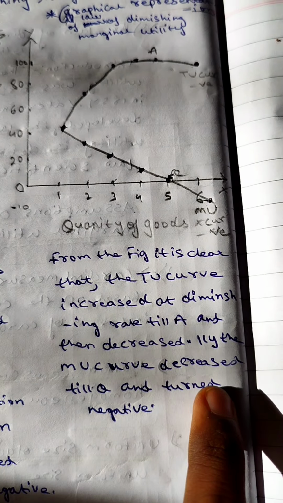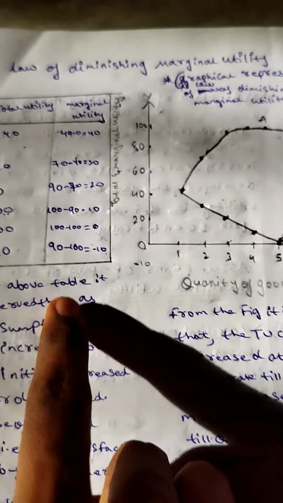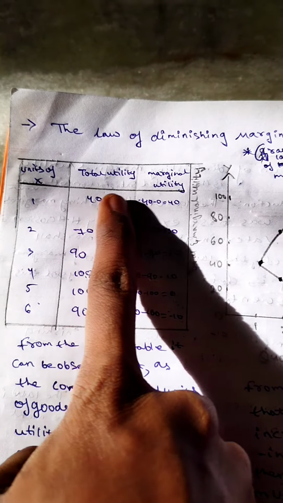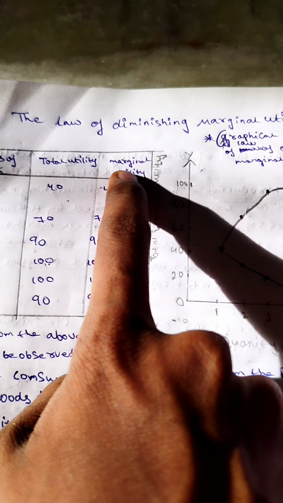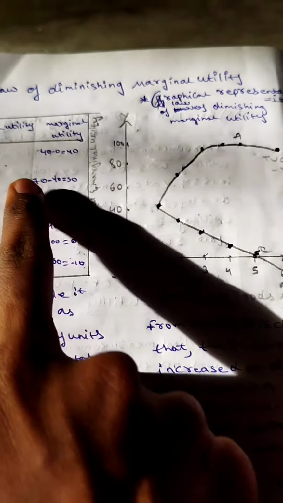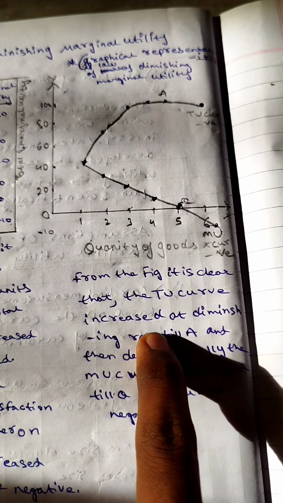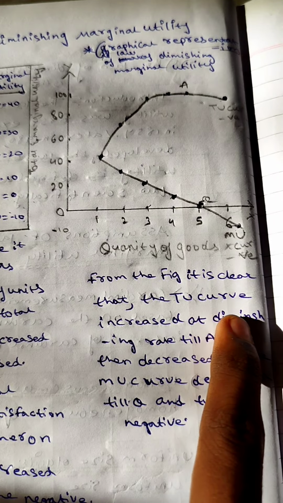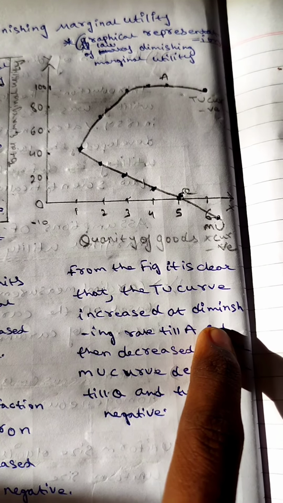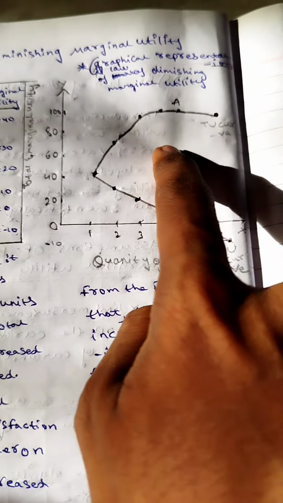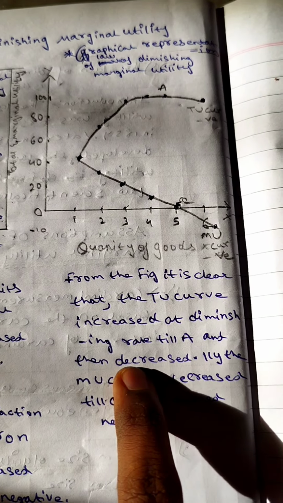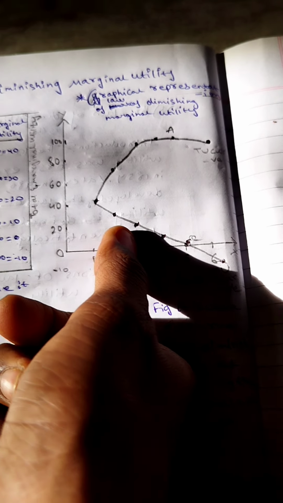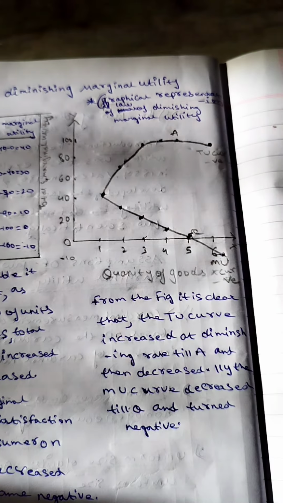And what happened similarly with the MU curve? MU curve means marginal utility, TU curve means total utility. From the above figure, it is clear that the TU curve increases at a diminishing rate till A, and then decreases. Similarly, the MU curve decreases and attains negative.